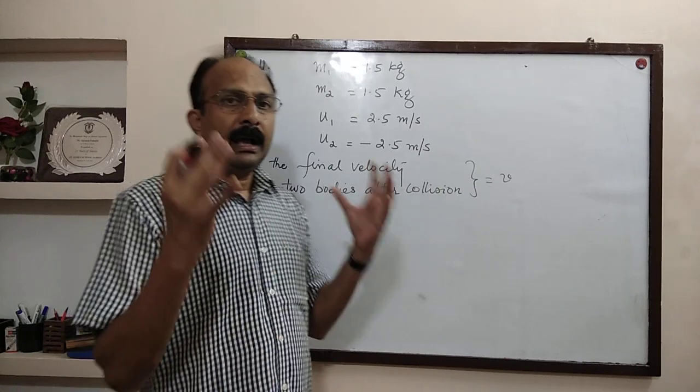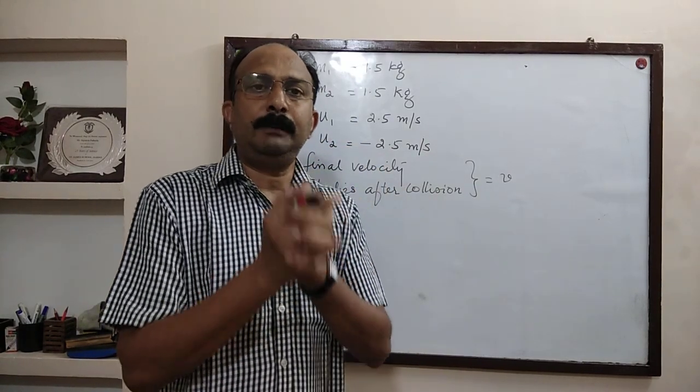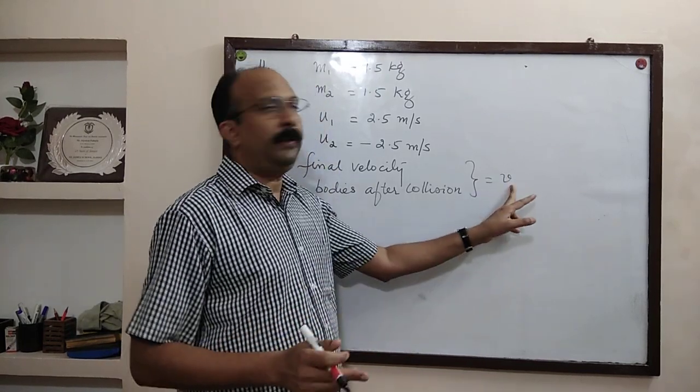Because it is given after collision both the bodies combine together. So V1 and V2 will be same. In such case we take V1 equal to V2 equal to V.